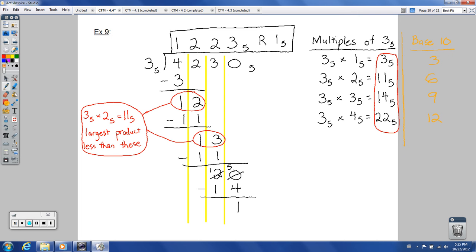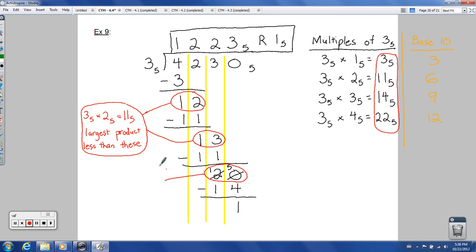Let's make one more note here with the 20. We won't do this with the next one, but I will do this one here. We won't write the whole note with the next one. So 3 base 5 times 3 base 5, that was 14 base 5.